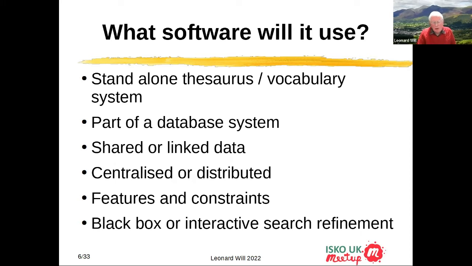And the question is then, when people are searching, are they going to be searching it as a black box where they just put some terms in and expect to get an answer coming out, like Google does effectively? Or is the system going to provide some form of interactivity?